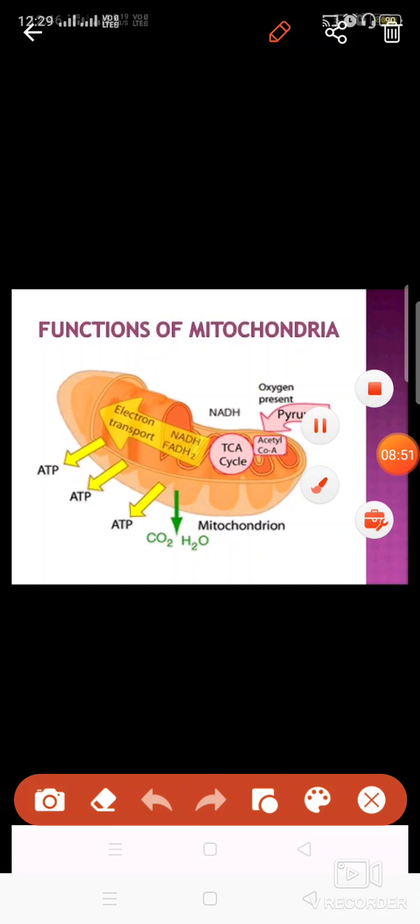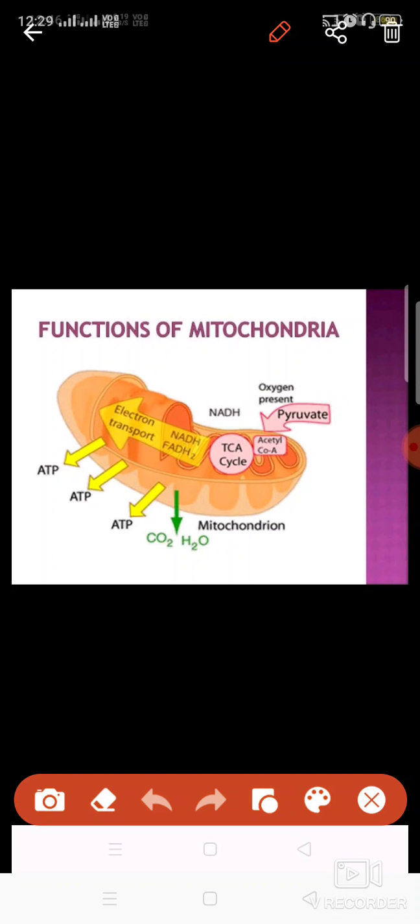Now this part I am just giving you an overview, because it is not in your course, and it is not according to your level, but I am giving you an overview so that you will be able to understand what I am talking about, what cellular respiration is and all.